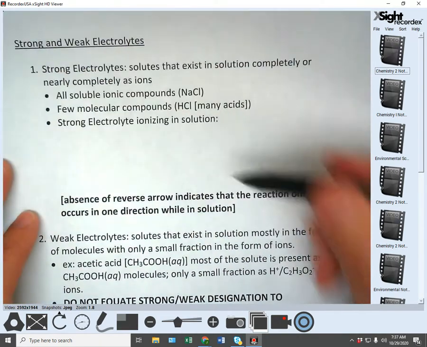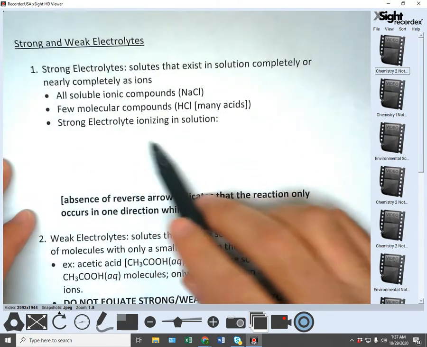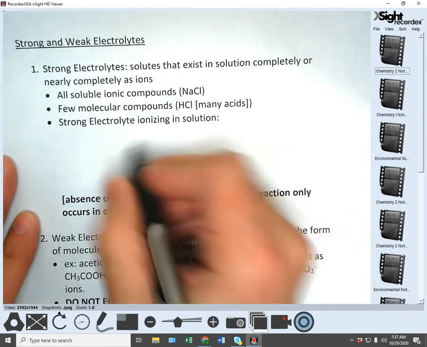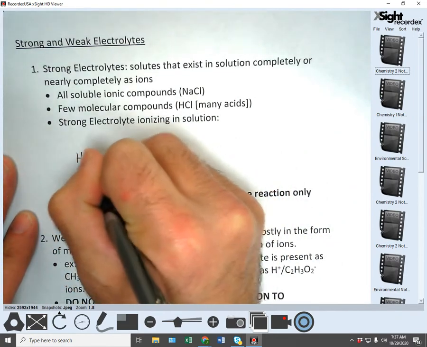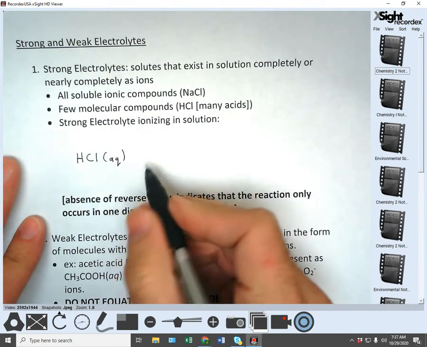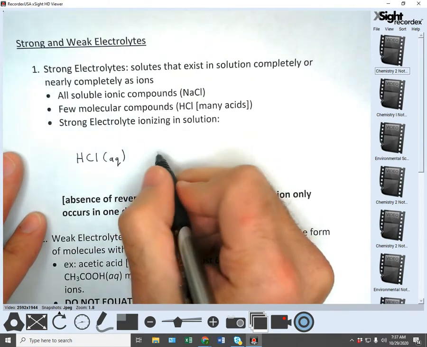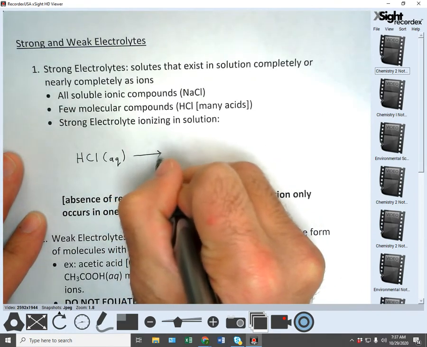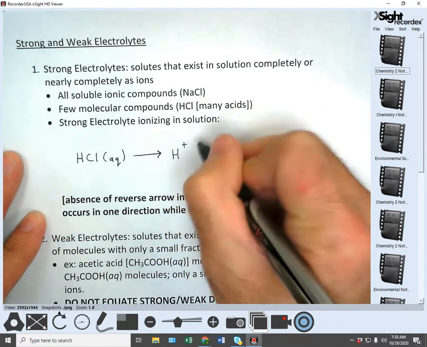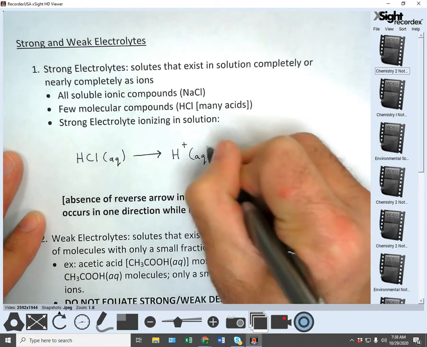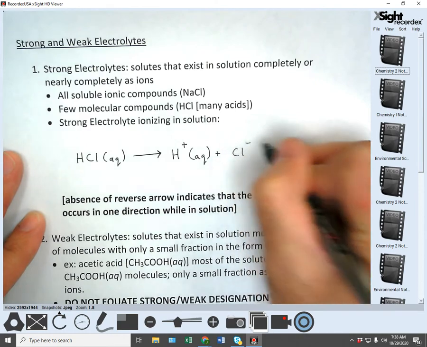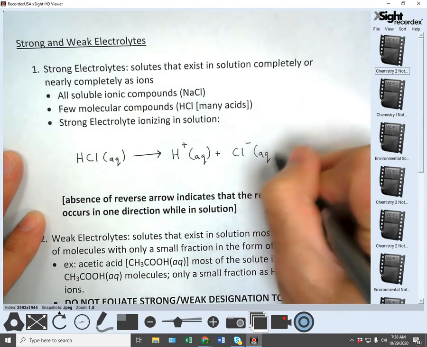Okay, so there's an equation for a strong electrolyte ionizing in solution. I'm going to use HCl. So we have HCl aqueous, because it's going to be in solution. When it goes into solution, it turns into H plus aqueous, because it's still in the solution, plus Cl negative aqueous.